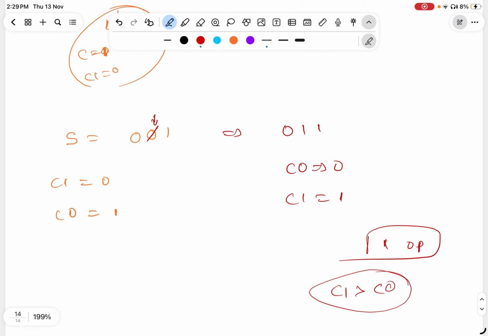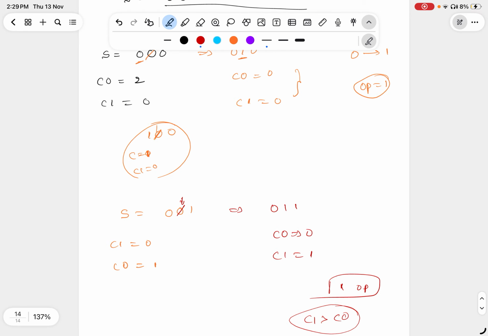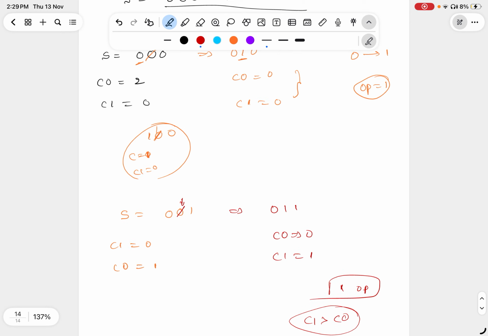But if you observe one thing in the two answers above: initially C0 was 2 and it changed to 0. And here C1 was 0 and C0 was 1, and by performing one operation, my C0 became 0 and C1 became 1.